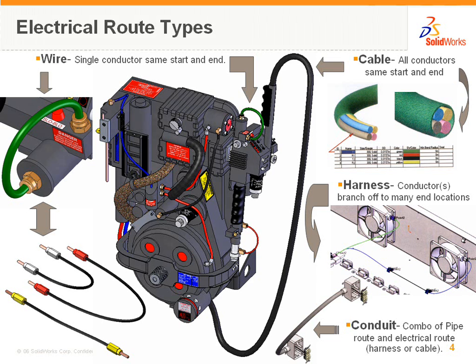We also have harnessing. Harnesses can be one or many conductors that branch off to many different ending locations. And finally, we have a conduit route. That is a combination of a pipe or tube route and an electrical route. Can be either a harness or a cable.